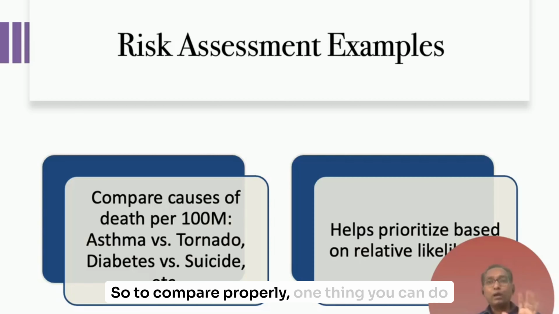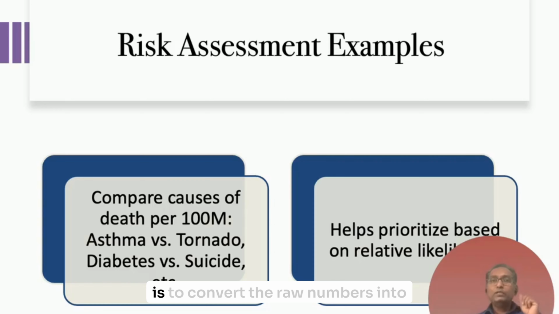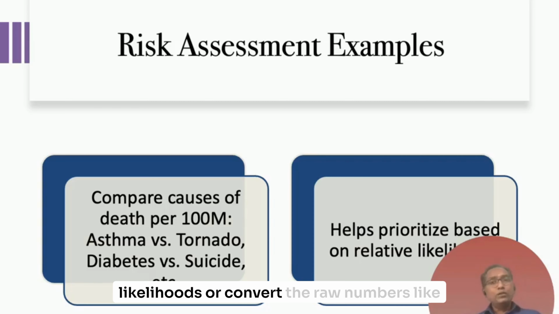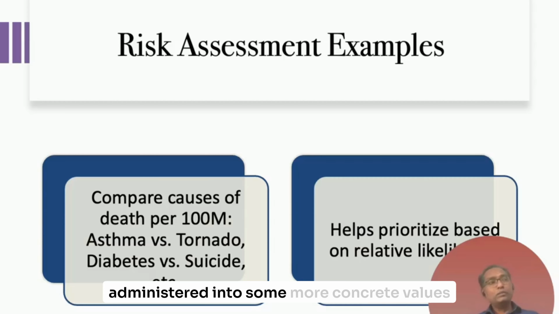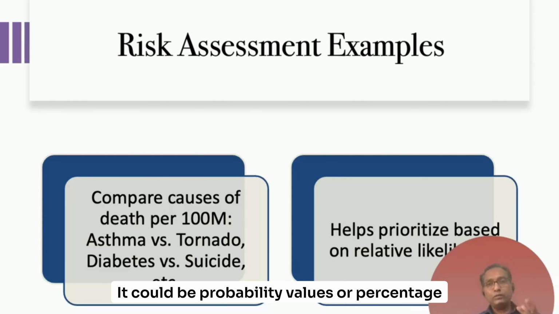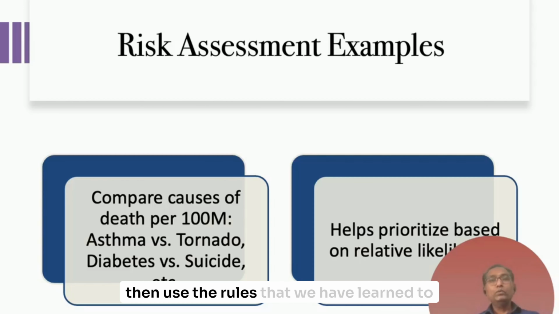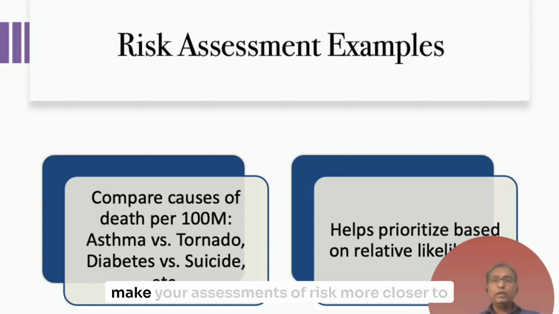So to compare properly, one thing you can do is to convert the raw numbers, like deaths per million miles driven or shots administered, into some more concrete values that you're good at thinking in. It could be probability values or percentage values. Then use the rules that we have learned to make your assessments of risk closer to reality.